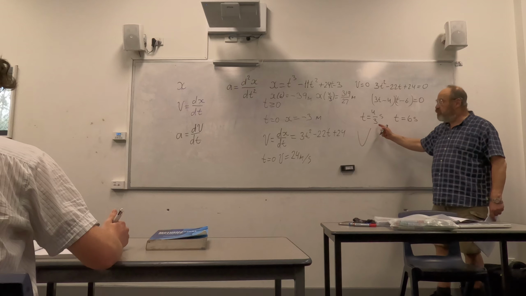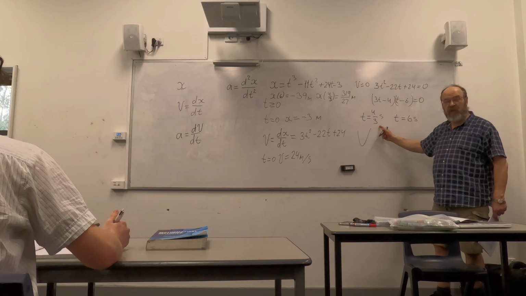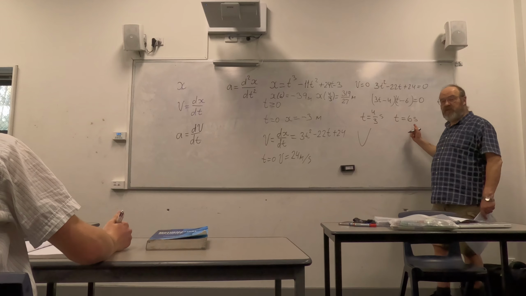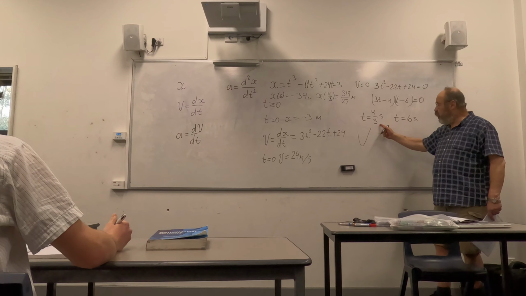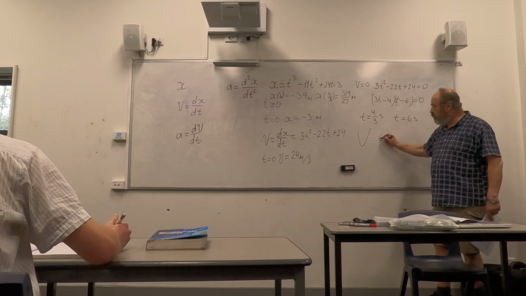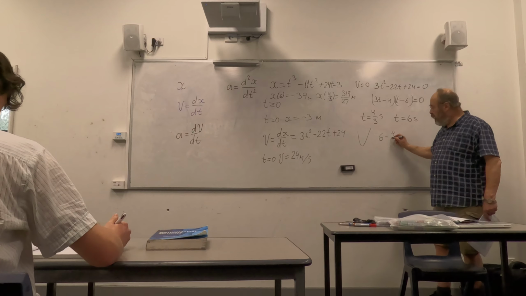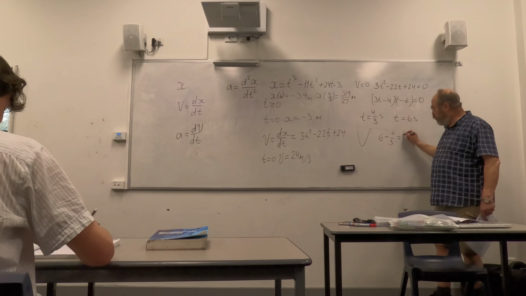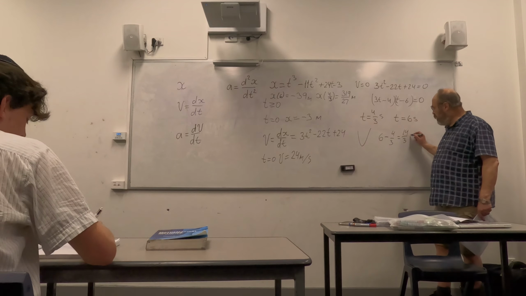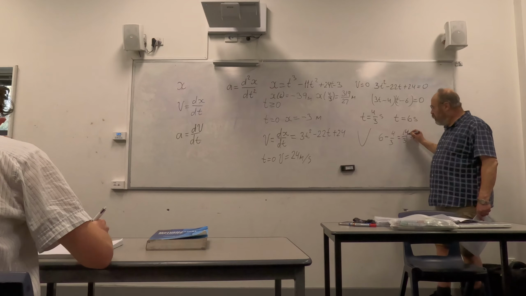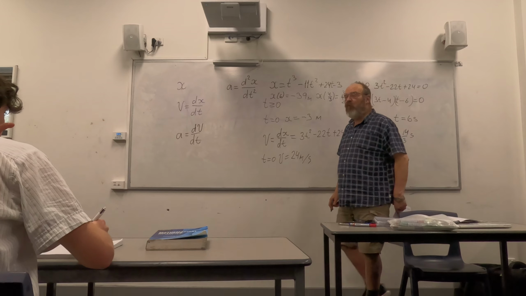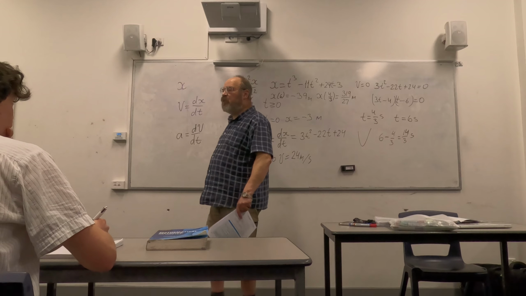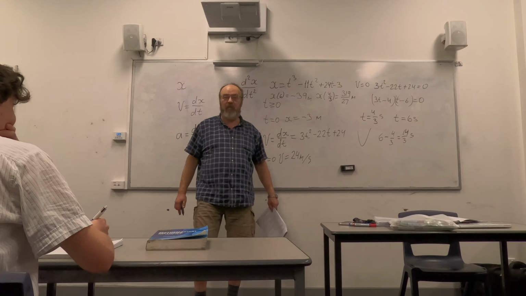So it becomes 0 at 4/3 and 6, and it's negative between 4/3 and 6. So that is 6 minus 4/3, which is 14/3 seconds. What does it mean that velocity is negative? It's moving backwards.